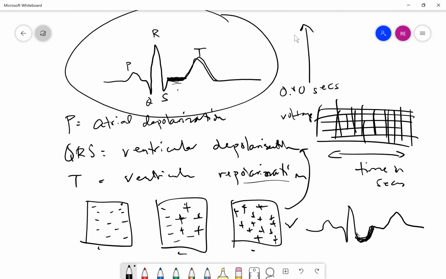Plus, remember that the ST segment is the only time that the heart is able to rest, and that's even less than 0.1 seconds. So that's the only time that the ventricle is able to rest.